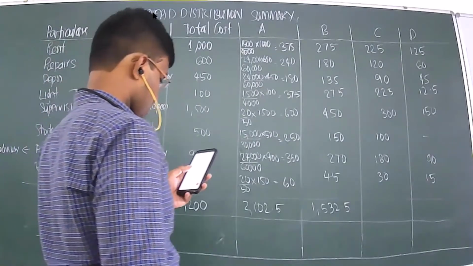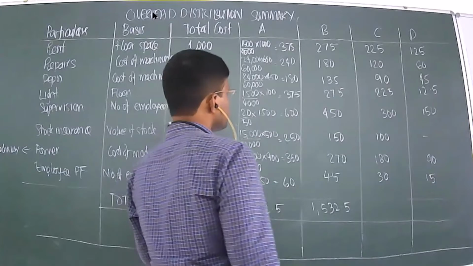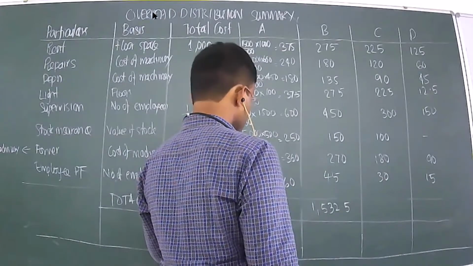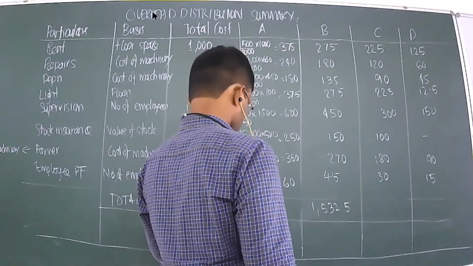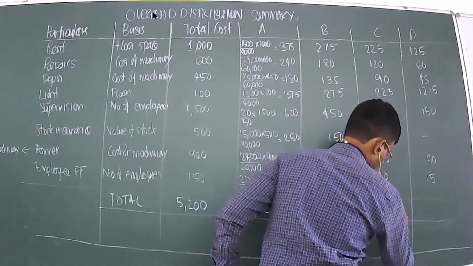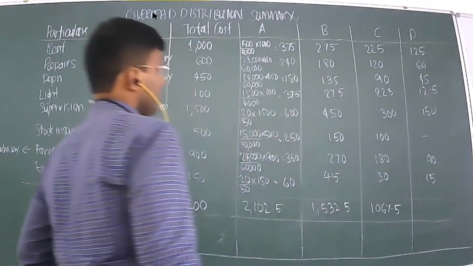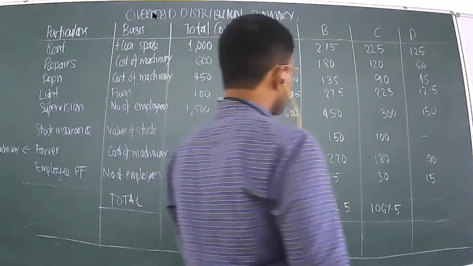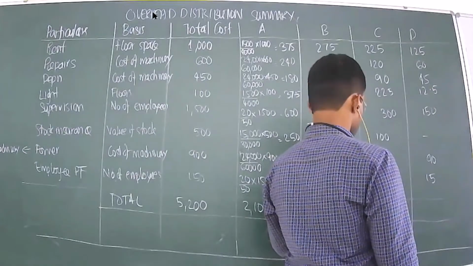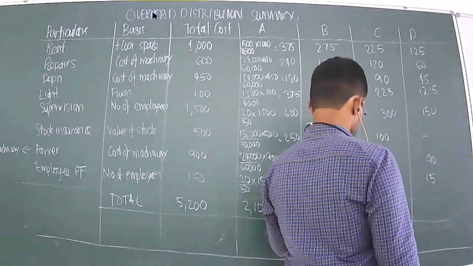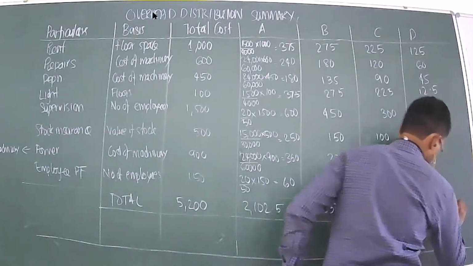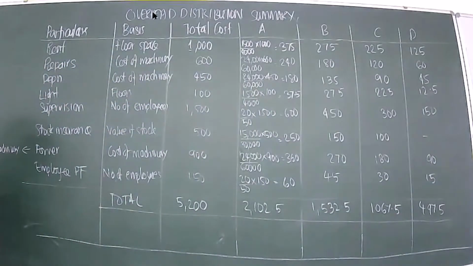Next one, 1067.5. And then finally, $497.5.